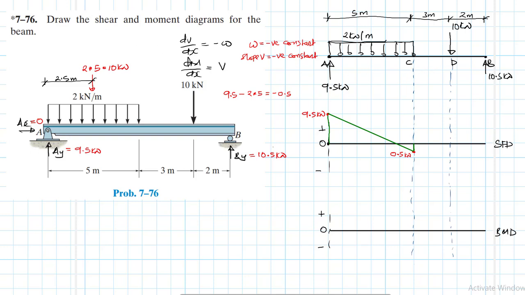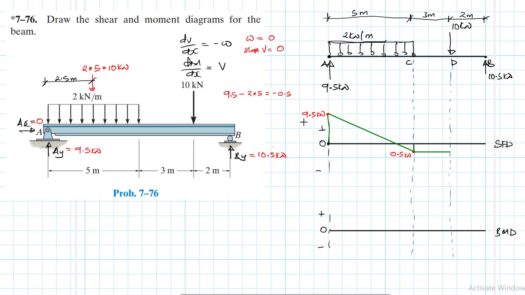Again, we know this relationship: where we have the loading equal to 0, we expect the slope for shear to also be equal to 0. So from C to D, we just expect a straight line with a 0 slope, up to just before the point load.